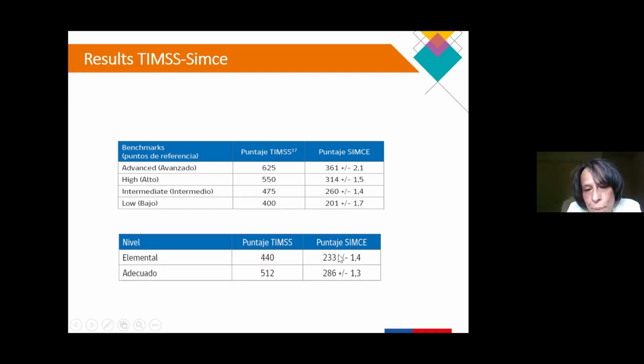So we could match how those scores are in the international scales, and we could see that our standards are not so low in terms of the international scale. So we can set up standards looking at what the international community said is intermediate or high, let's say, and not low. That was one of our concerns.